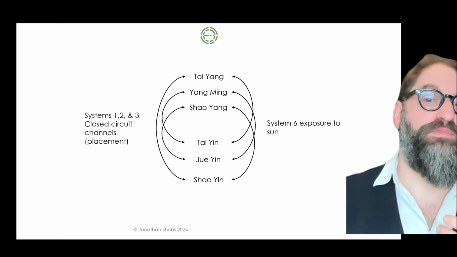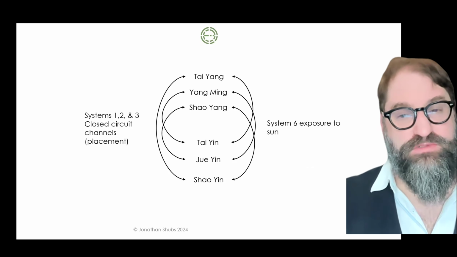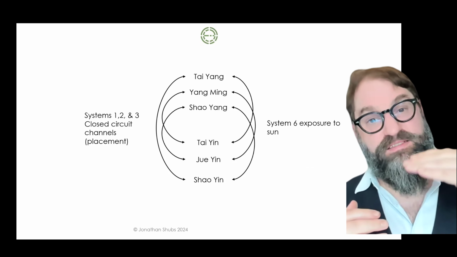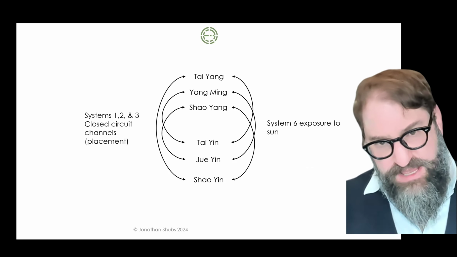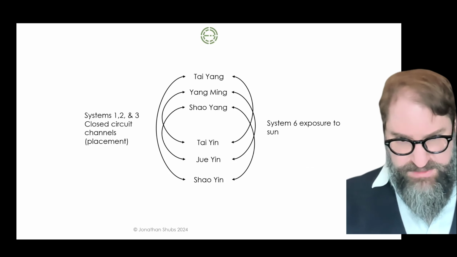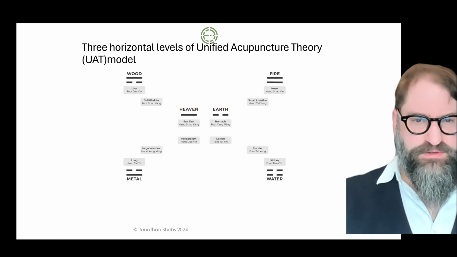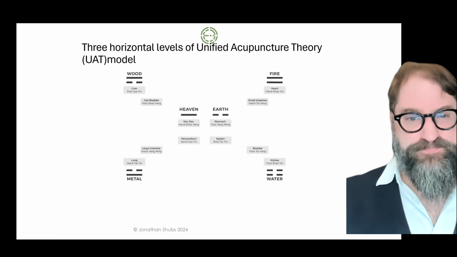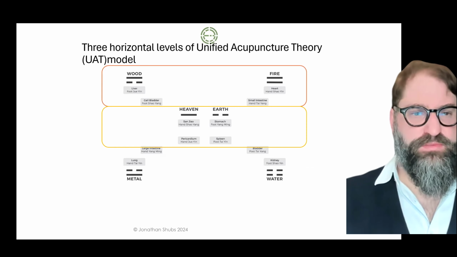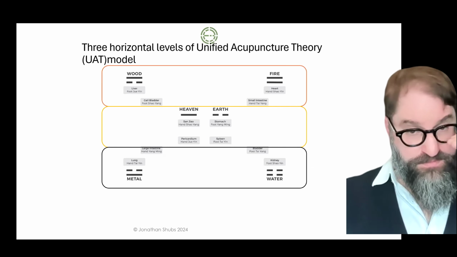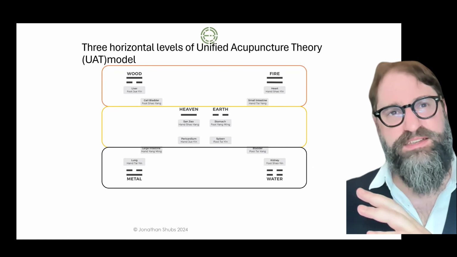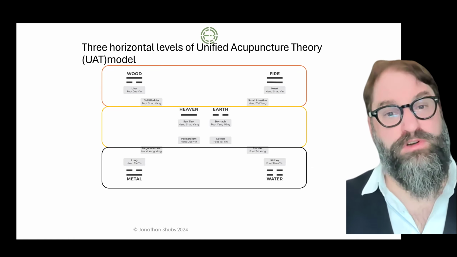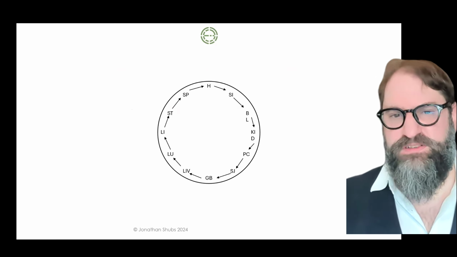And now here's an example of some of the logic we use. This is what we talk about when we discuss the 6 levels of the channels. This is different than the 6 divisions, but we can see how they're going to interact. We're also going to look at the UAT levels: the upper level, the middle level, and the lower level, which will also give us indications on how to treat the upper burner, the lower burner, and the middle burner specifically.